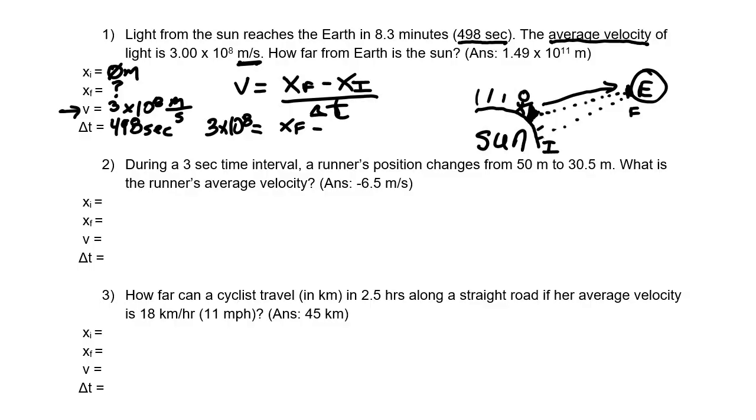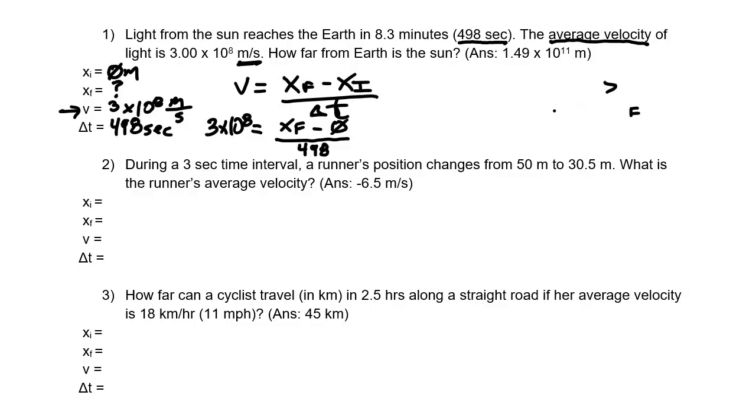It just makes it a lot easier to manage going through these problems. So xf minus our initial position of 0, divided by our delta t, which is 498. We solve this out for xf, and we should be able to get our answer.